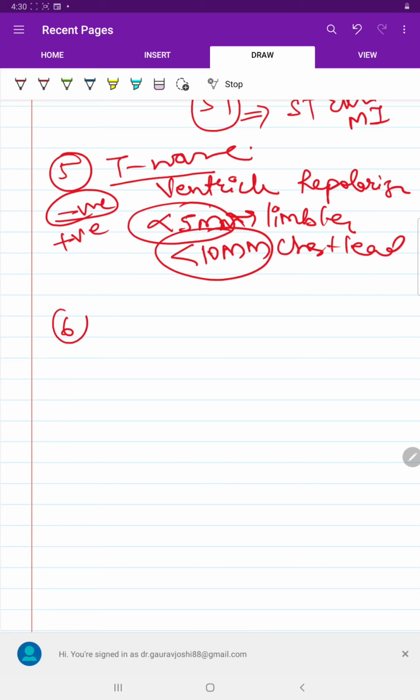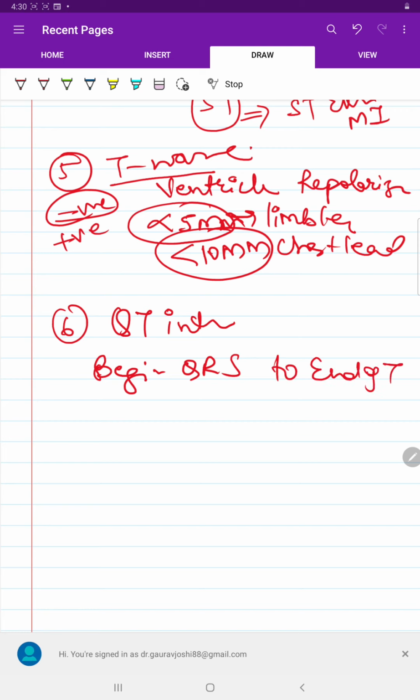Now going towards the sixth, the QT interval. The QT interval is from the beginning of QRS to the end of T wave. What does the QT interval represent?